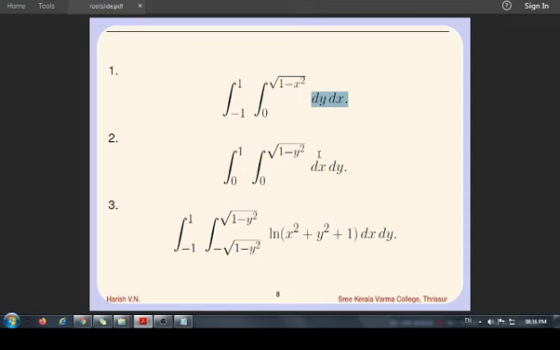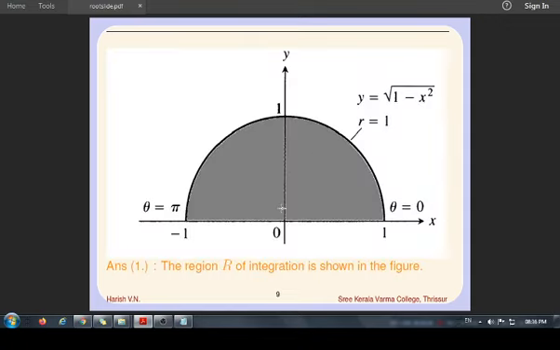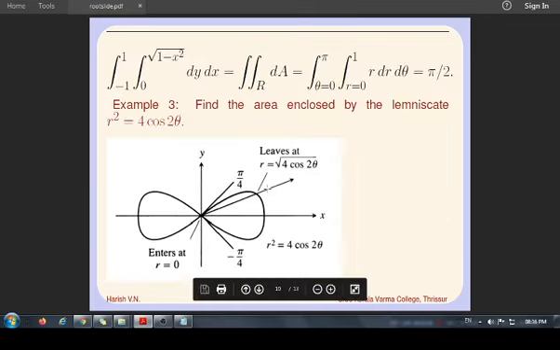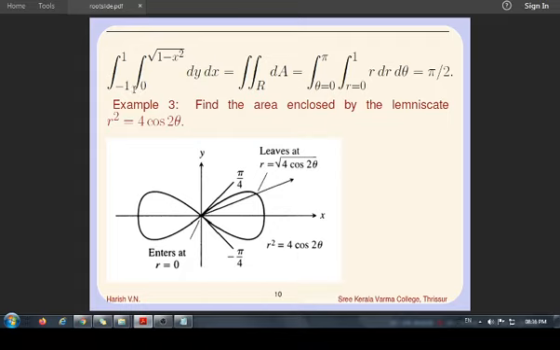Understand? So the double integral from minus 1 to 1, from 0 to root of 1 minus x square, dy dx is the double integral over R of dA. This is by Fubini's theorem in Cartesian coordinates, and that is equal to, again by Fubini's theorem, in polar coordinates.